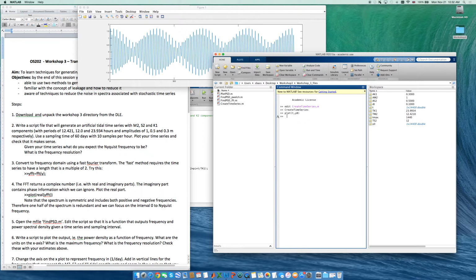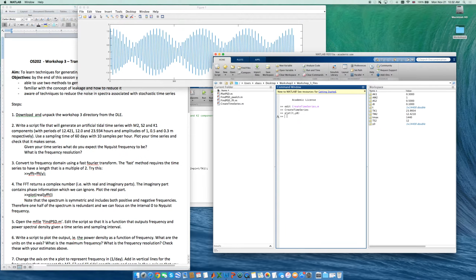In other words, when we generate our spectrum, the maximum limit on the frequency axis will be the Nyquist frequency, which should be 5 samples per hour.